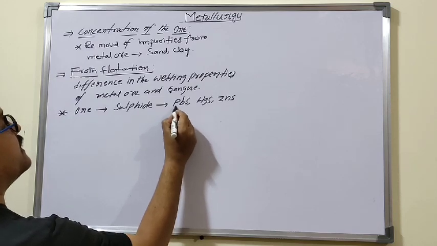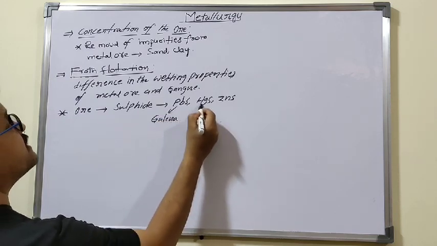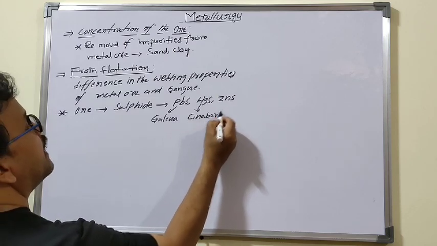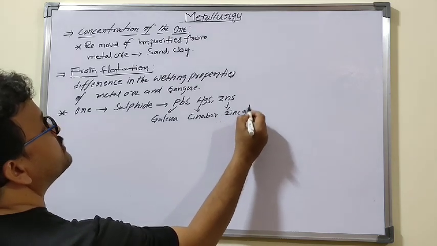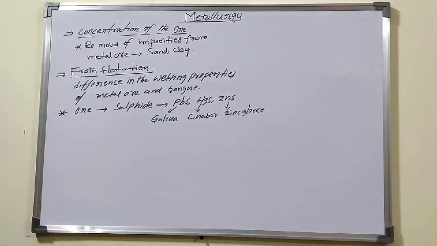Lead sulfide is called galena, mercury sulfide is cinnabar, and zinc sulfide is zinc blende.